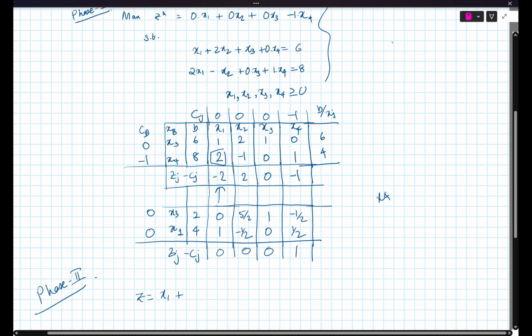So we can just do this: plus x2 plus x4 equal to 4. So we have cj 2 4 0 0, x1 x2 x3 x4.